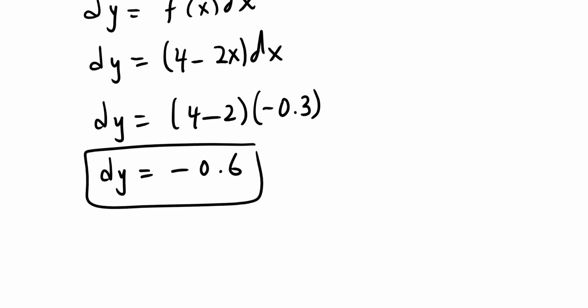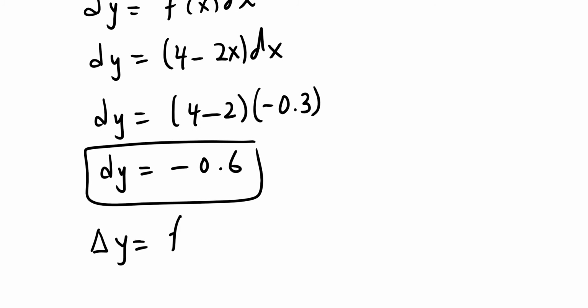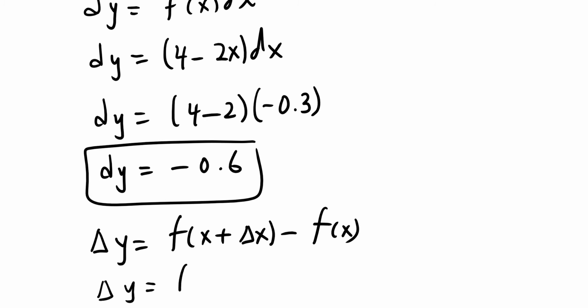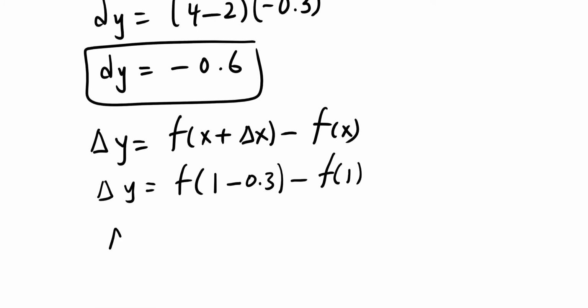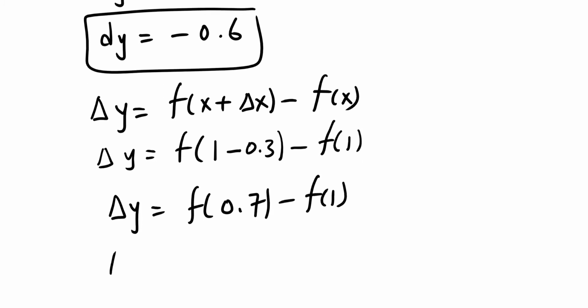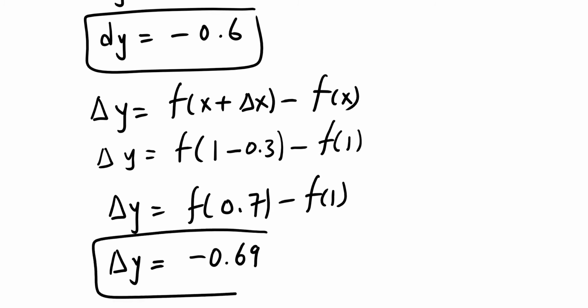What about delta y? Delta y is f of x plus delta x minus the function. This is f of 1 minus 0.3 minus f of 1. That becomes f of 0.7 minus f of 1. If you substitute that into the function, you get negative 0.69. Very close to each other.